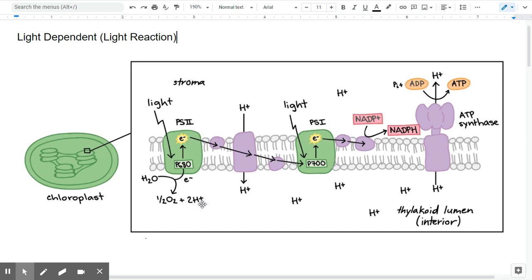The hydrogen, you'll see, has a little plus. That means that it is an activated form of hydrogen ready to attach to something else. Okay.